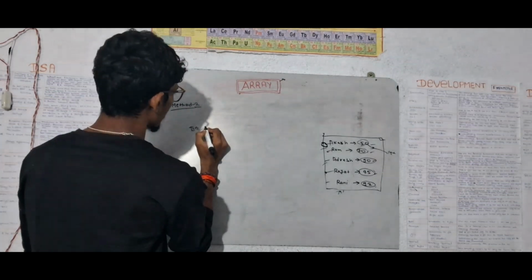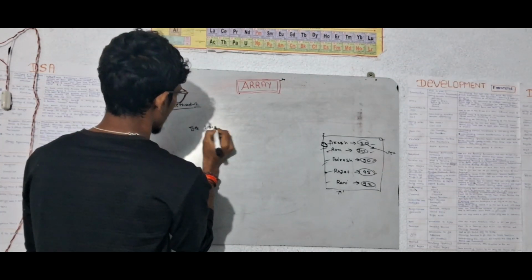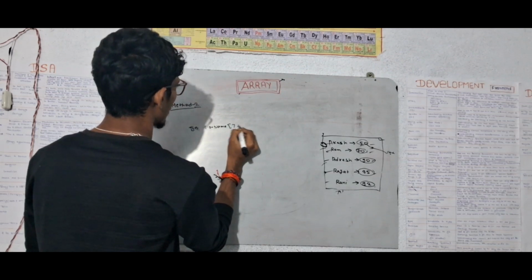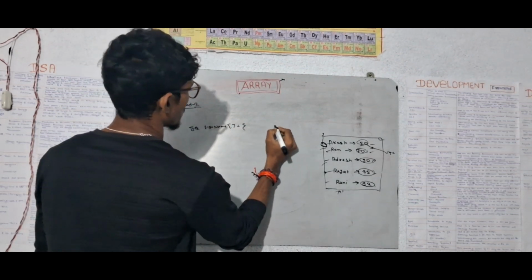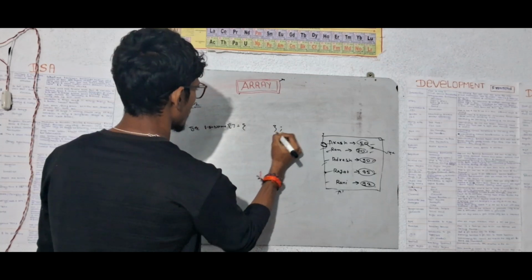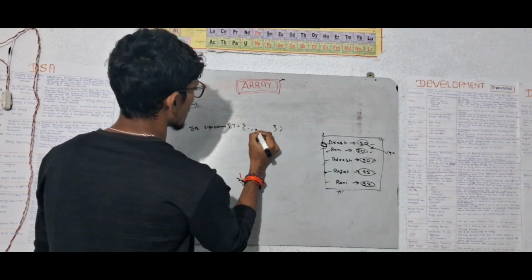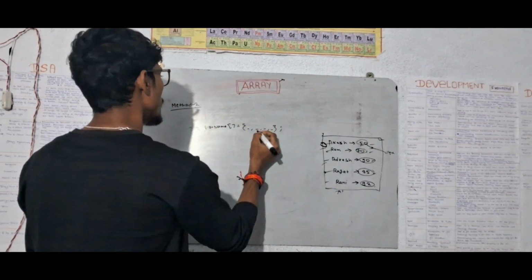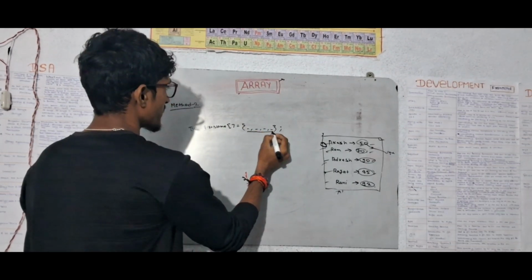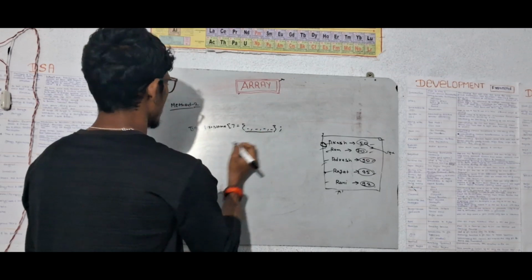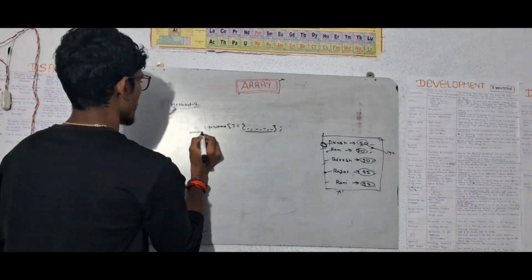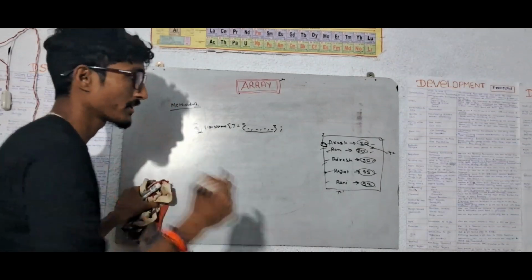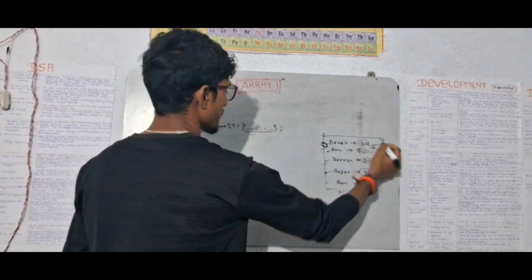Here is your list name, with this box, and put here with commas all the data. We can store all types of data inside this, but we need to clarify the data type. So we need to store integer data types.